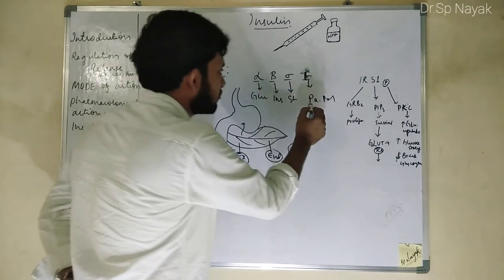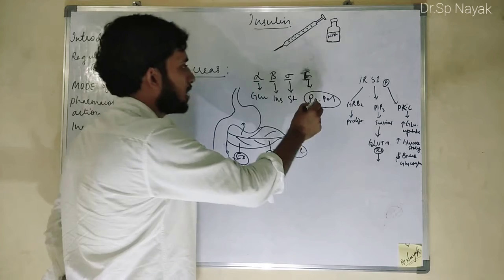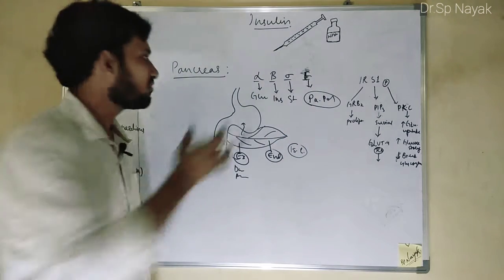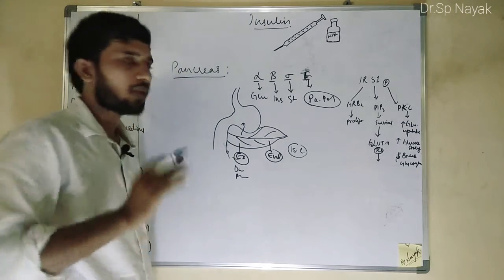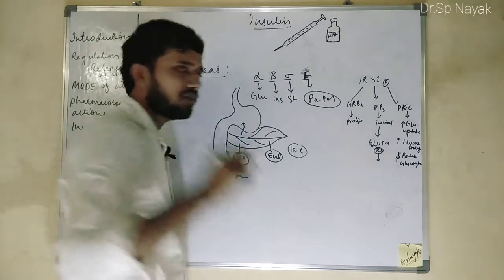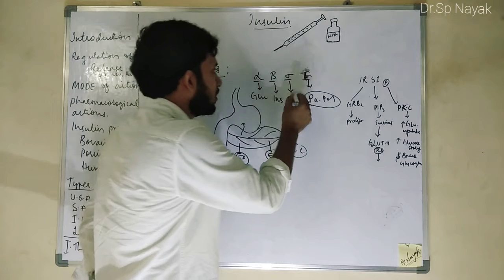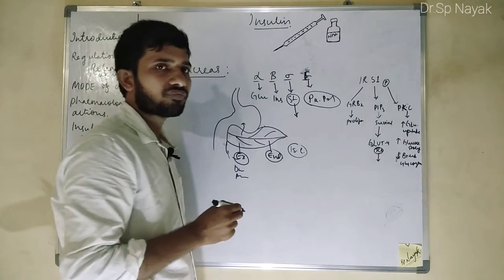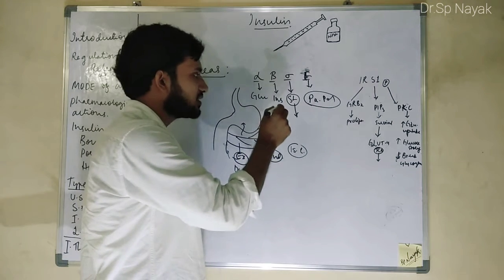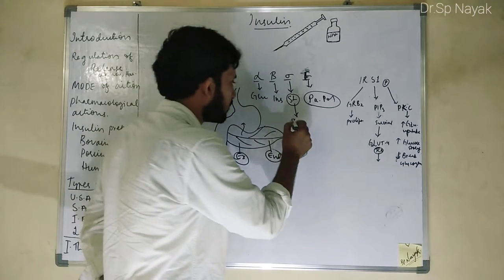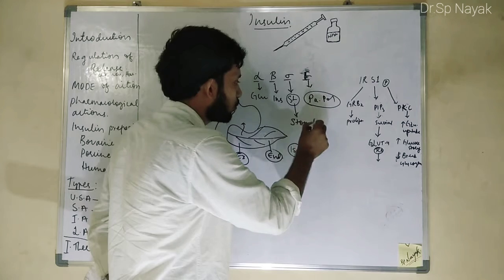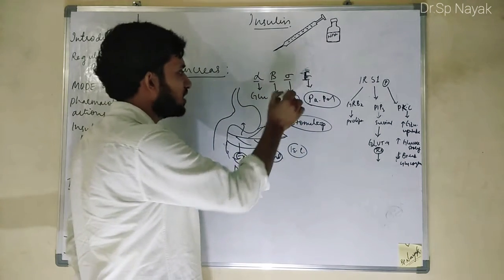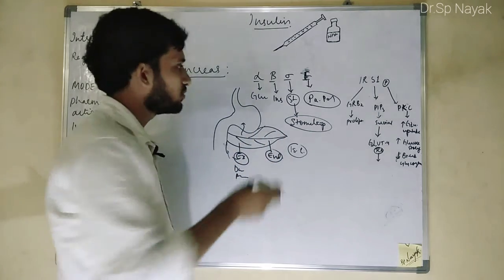This F cells which synthesize pancreatic polypeptide is utilized for management and synthesis of all other hormones in the pancreas. And everyone should understand here, the delta cells which synthesize somatostatin, it is different from somatotropin. Somatotropin is a growth hormone, whereas somatostatin is an anti-growth hormone.